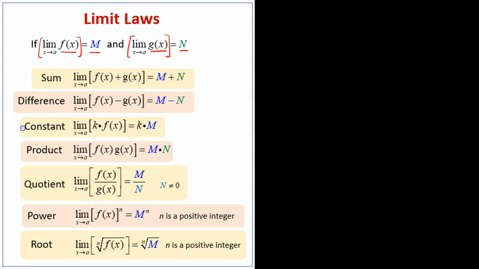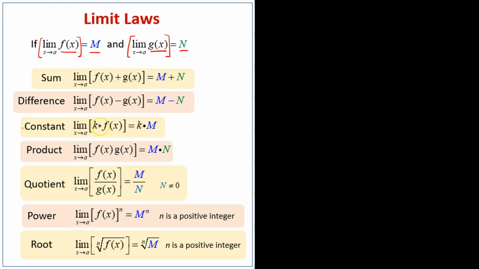Next, let's look at the constant law. This says that if I have a function like f of x, and I'm multiplying it by a constant k, now I know constant's spelled with a C, but we already used the letter C for the constant limit law that we saw before. This constant limit law is for a constant multiplier.